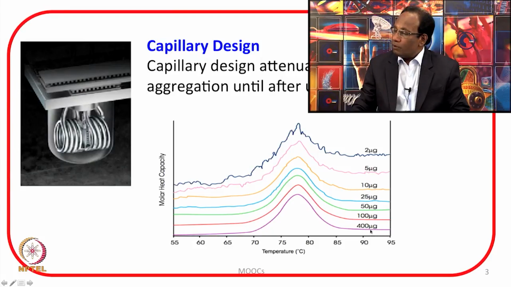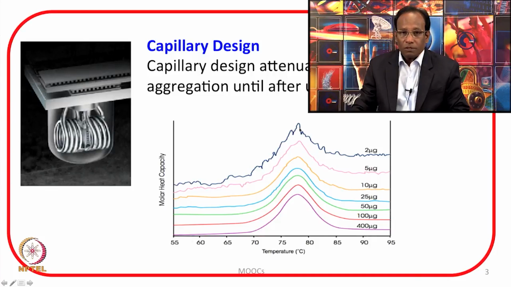And as you keep on reducing the amount of the sample, even 2 microgram of the sample is good enough to at least give us very accurate information on the transition temperature, the Tm, the temperature where heat capacity is maximum.